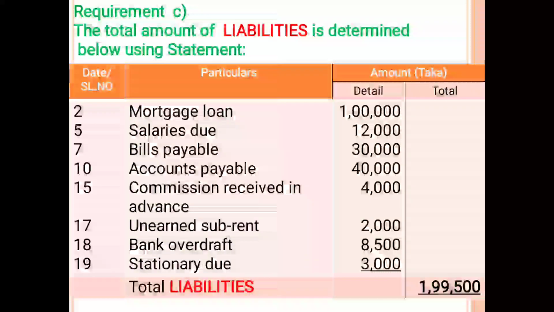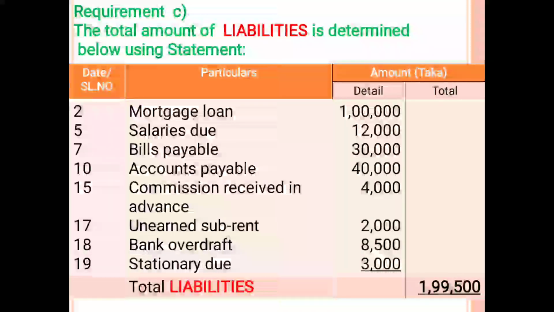Commission received in advance, that is advance income, is one kind of current liability. Unearned sublet rent, unearned, that is advance income. Sublet rent is one kind of income, but it is unearned, so it is one kind of short-term liability. Bank balance or bank deposit is one kind of short-term asset.